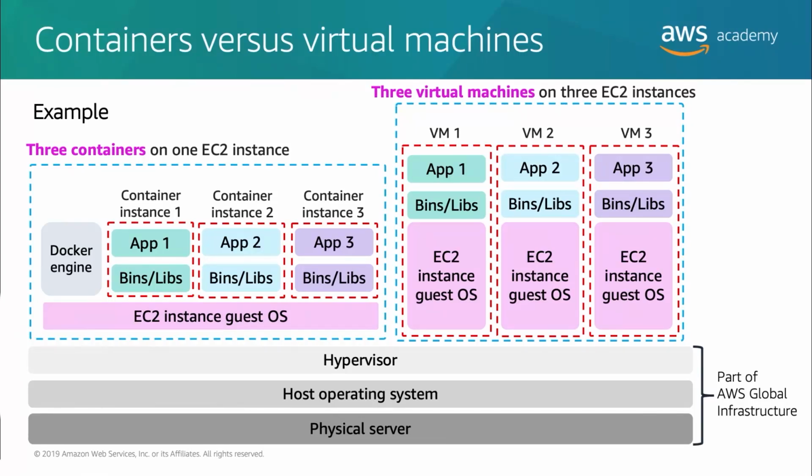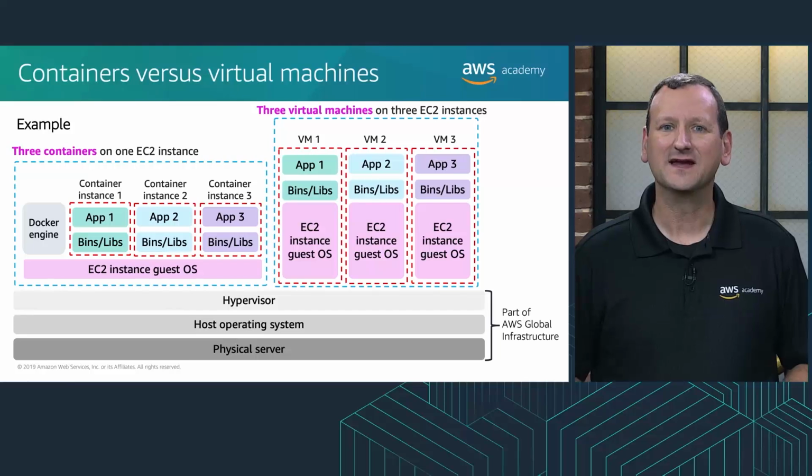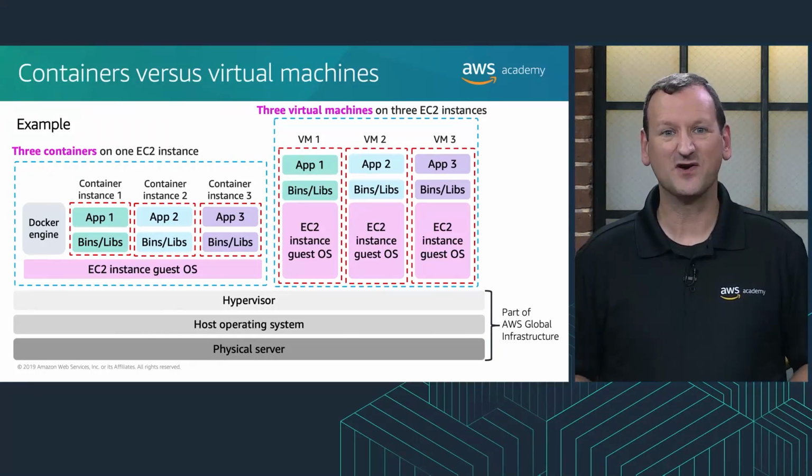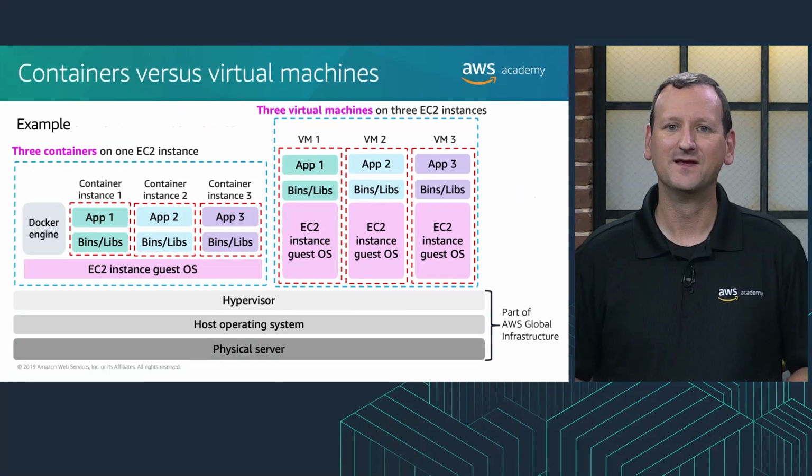The Docker engine is present to manage how the containers interact with the Linux guest OS, and it also provides central management functions throughout the container lifecycle. In an actual container-based deployment, a large EC2 instance could run hundreds of containers.